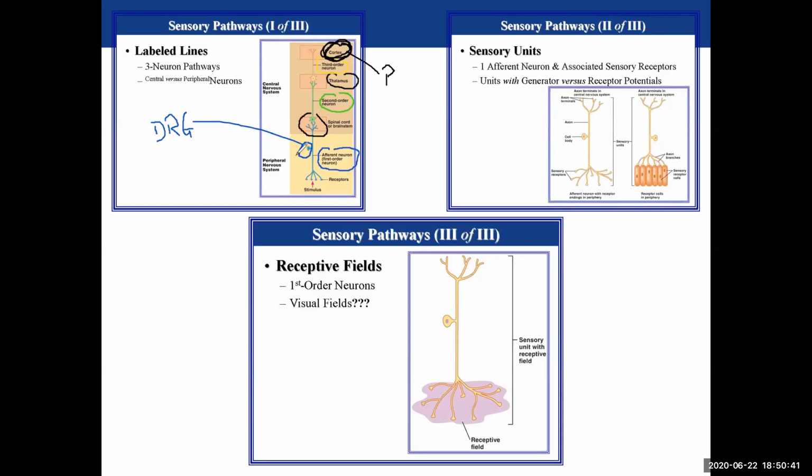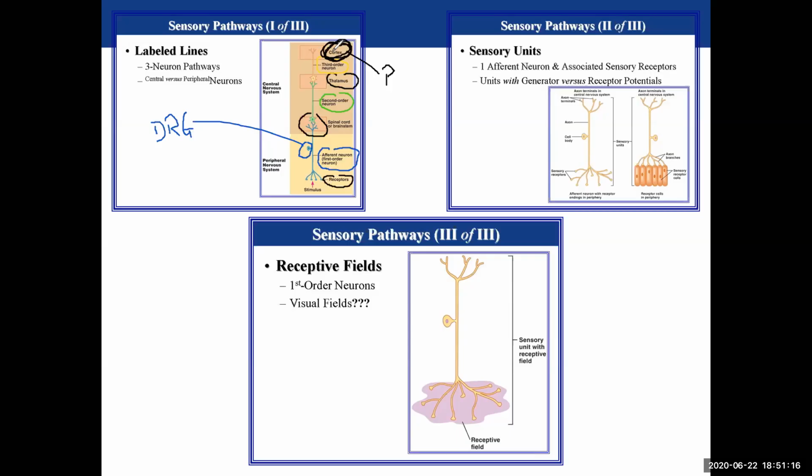So from the peripheral receptor all the way to the thalami, that stimulus is called a sensation. And when that sensation is transmitted by the third order neuron to the primary somatosensory cortex and received by these cortical neurons, we have perception.